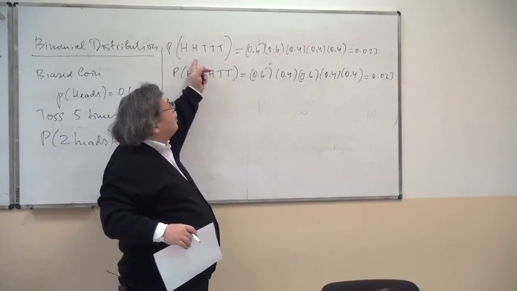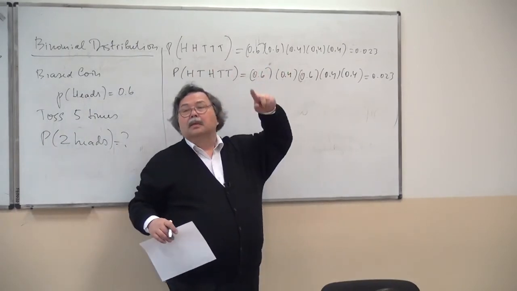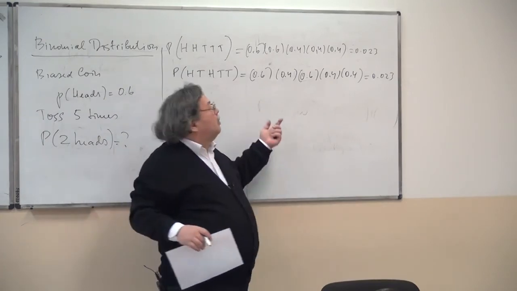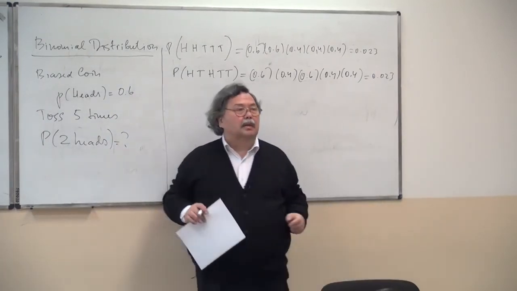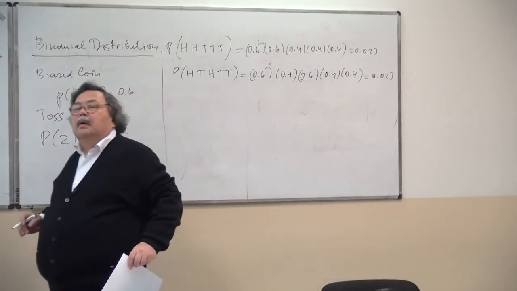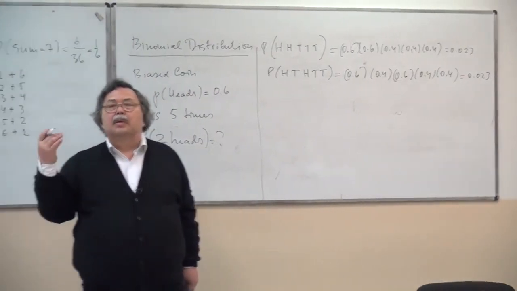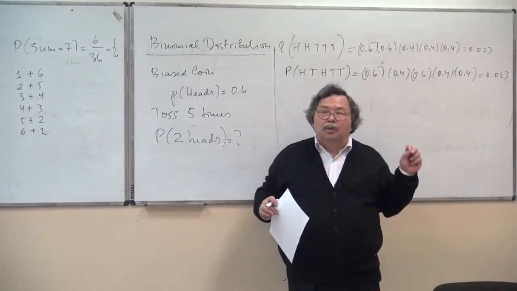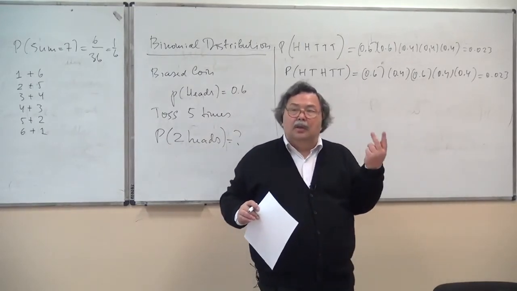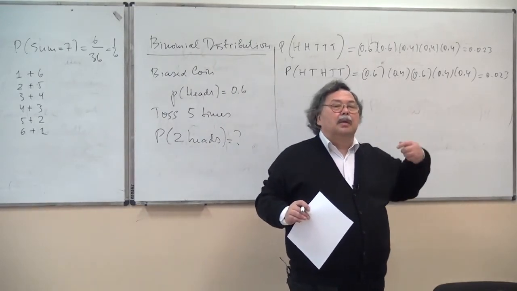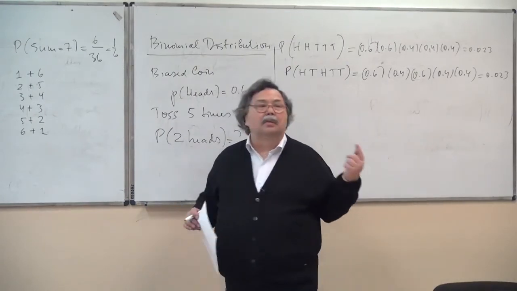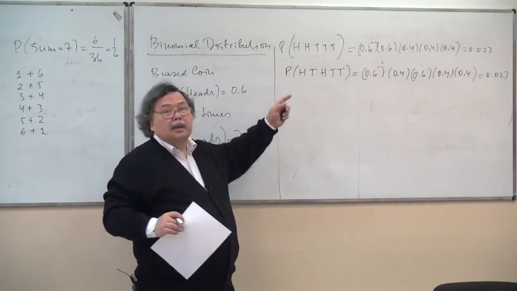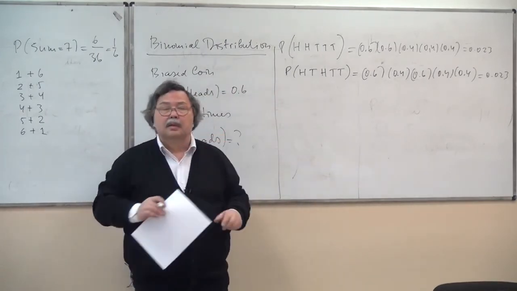And each time H appears, we write 0.6, and each time T appears, we write 0.4. So no wonder that we get the same numerical answer, okay, as the product of this. All right, and which leads us to understanding that we'll get the same numerical answer for each possible scenario where heads appears twice. The question remains, how many different sequences like this there are, okay? In how many ways can we write 2 H's and 3 T's?